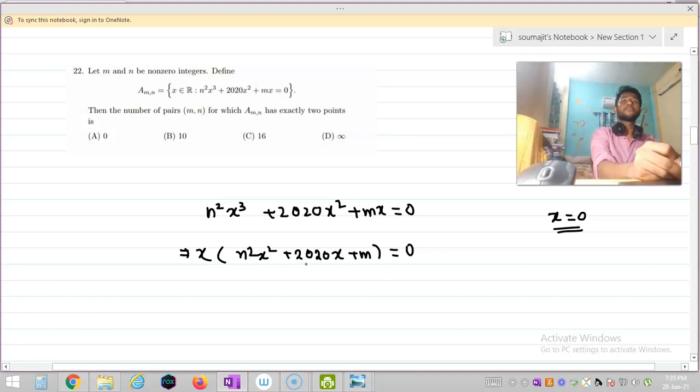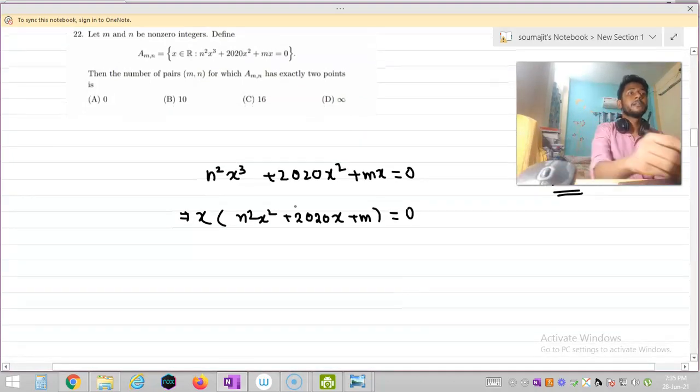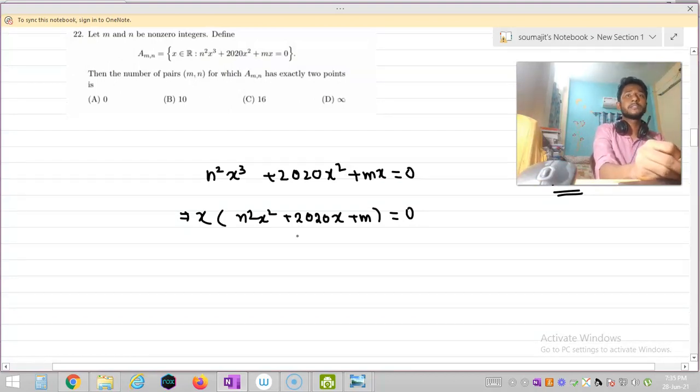If it had 2 solutions, then including x equal to 0 they would become 3 solutions. So for A(m,n) to have only 2 points, this quadratic equation must have exactly 1 solution. Hence the discriminant of this quadratic equation must be 0.